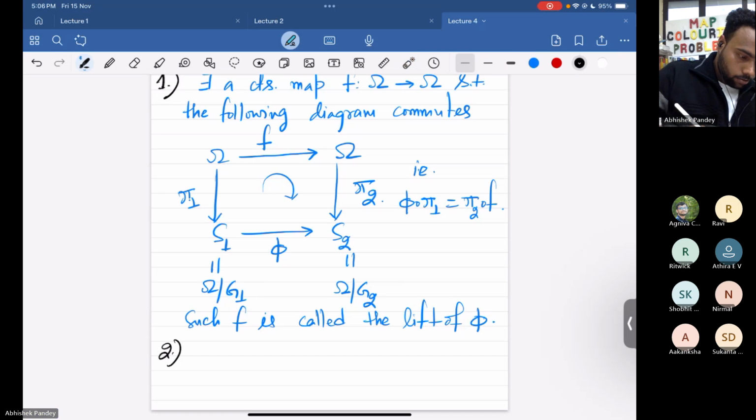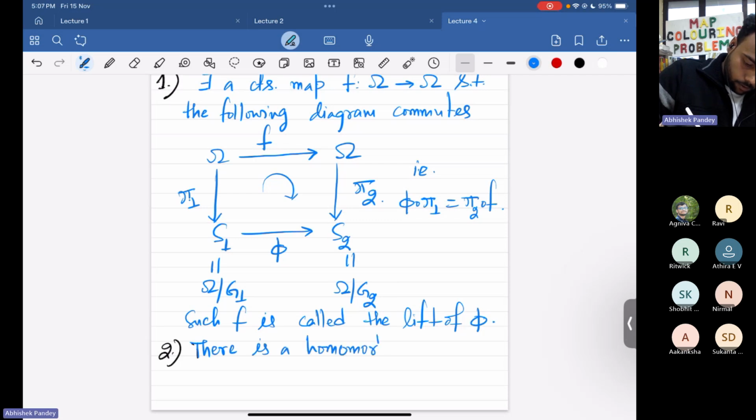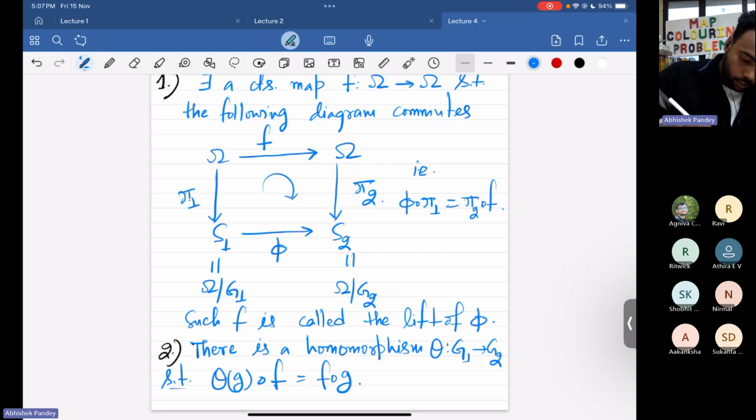The second is: there is a homomorphism, let us say theta from G1 to G2, such that theta of g composition with F is F composition g.